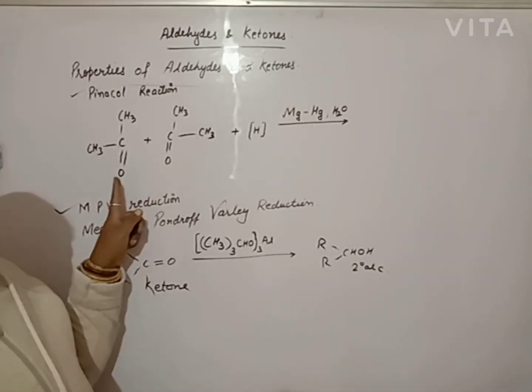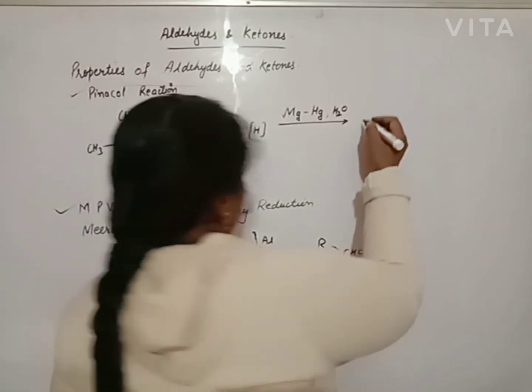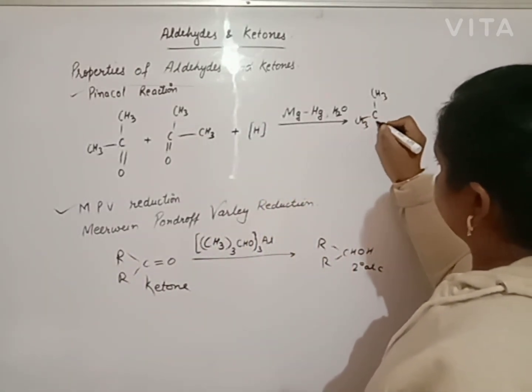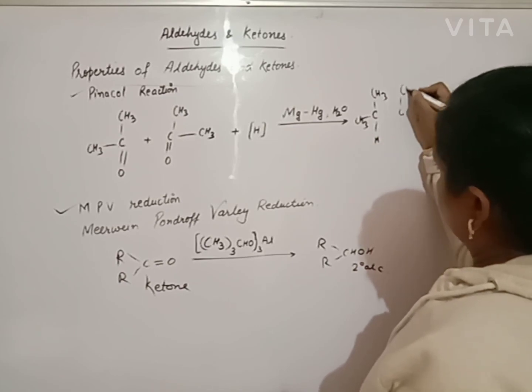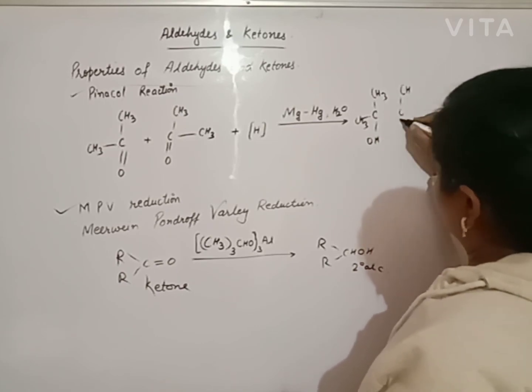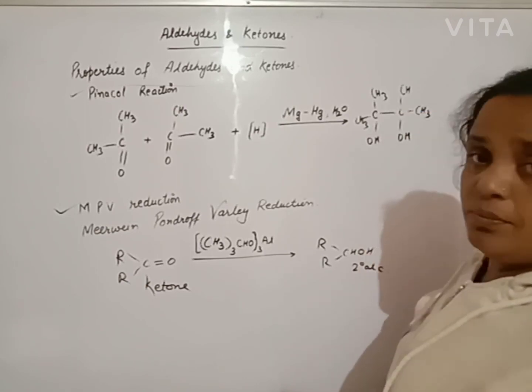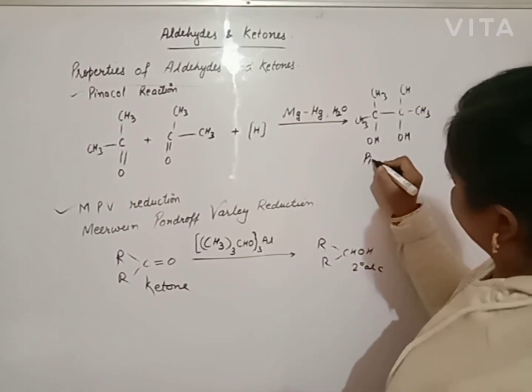Beta, here these double bond oxygens are reduced to alcohol, and a carbon-carbon bond is formed. That is known as pinacol.